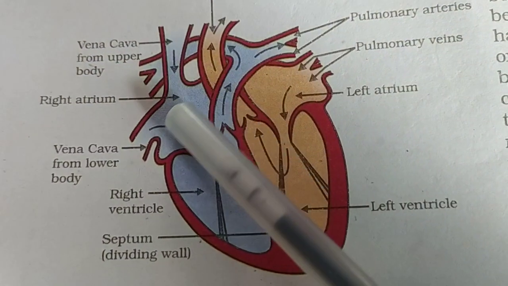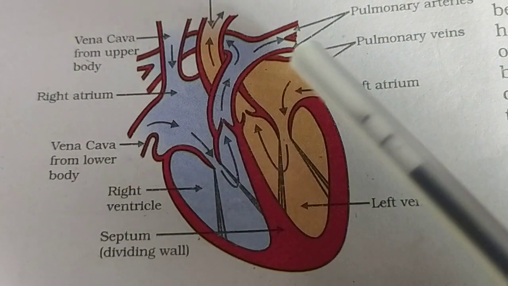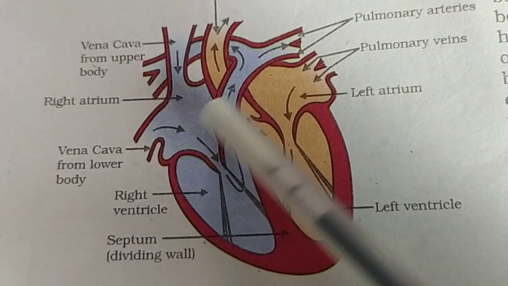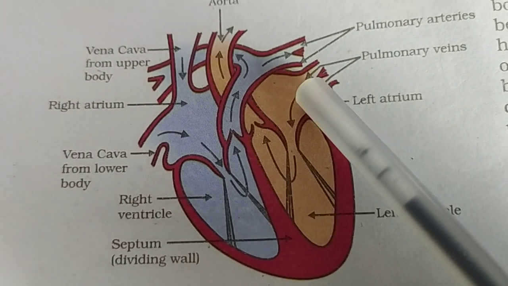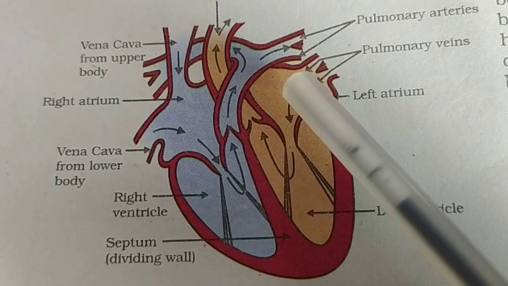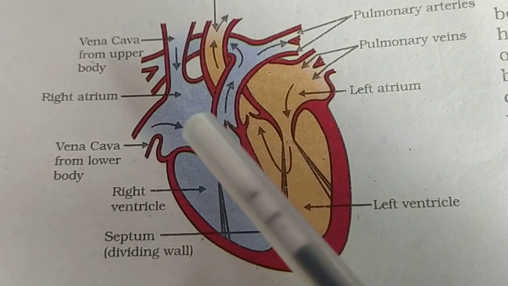Now here, when the blood enters the atria, left and right, this part relaxes, that is, it becomes a little bigger. Then when it contracts, the blood is thrown into the ventricles.